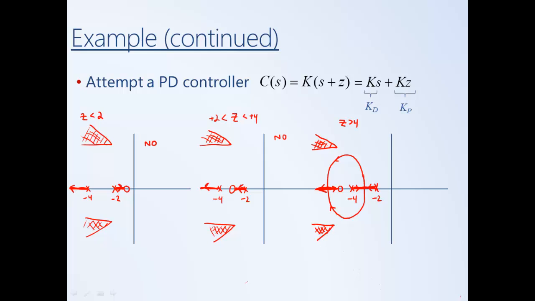and since we don't know the exact shape of this circle, we don't know for sure if we can make the root locus pass through that desired region. It seems possible, because basically as we change the location of this 0, we'll change how big this circle is. So it seems possible that we could find a 0 location that makes the circle big enough to pass through that region.